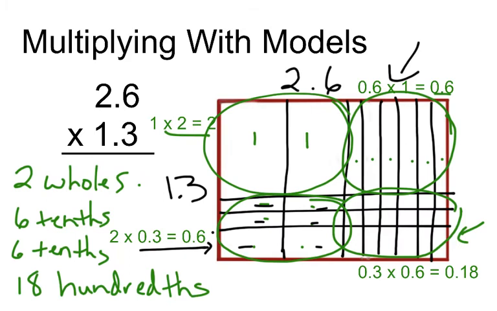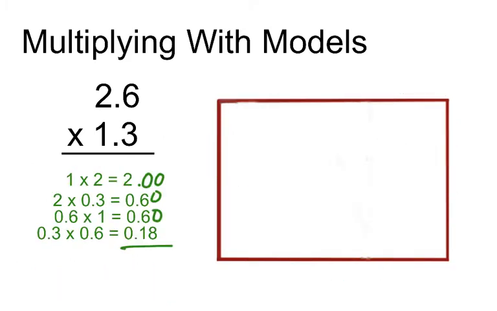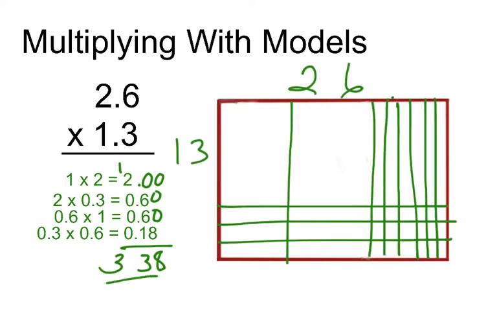So just to look back at the previous page, I can see where everything's aligned. And now I have 8/100, 13/10, and I can bring down the decimal, and 3/10. So when I multiply 2 and 6/10 times 1 and 3/10, that gives me 3 and 38/100.